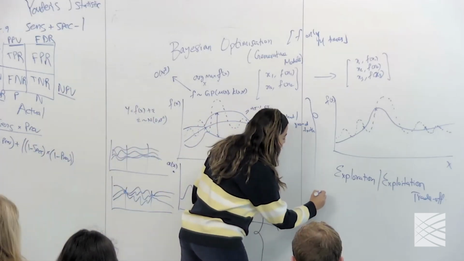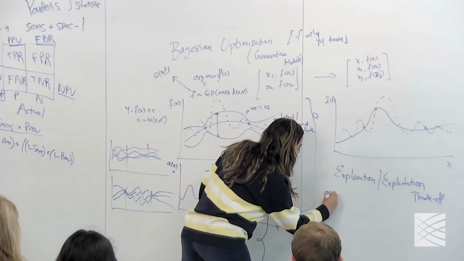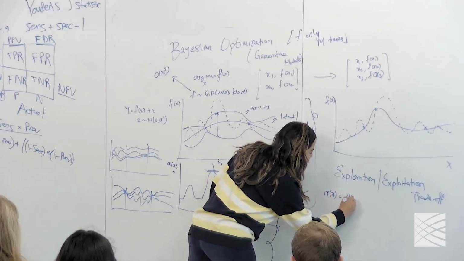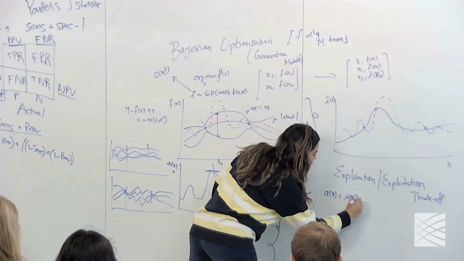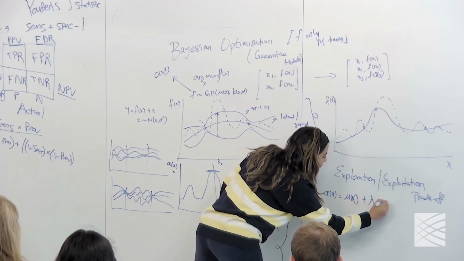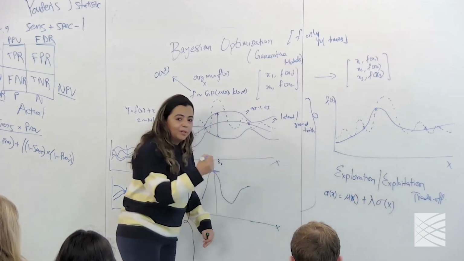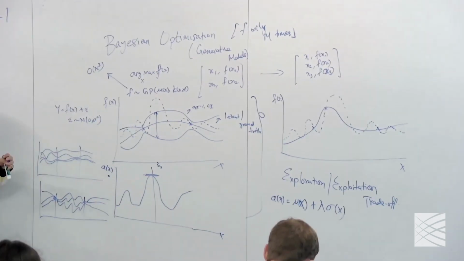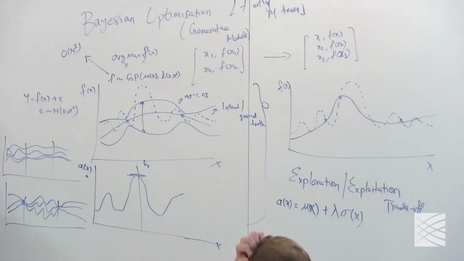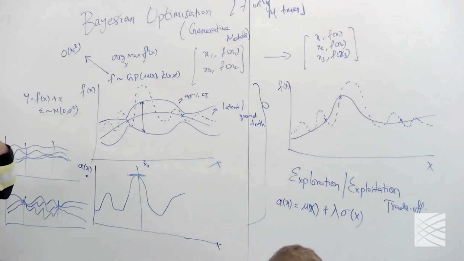An example of an acquisition function that's used looks something like this. It's got this lambda parameter that controls this trade-off. All of the acquisition functions in the literature that are actually popular have this kind of trade-off built into them.